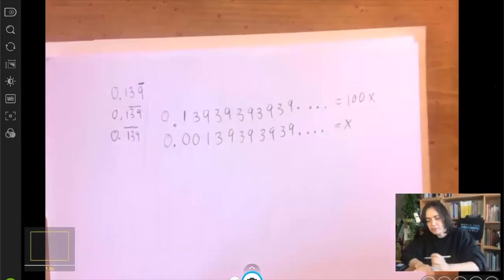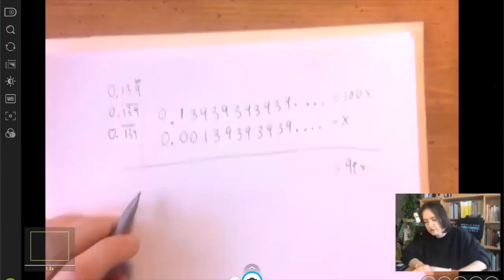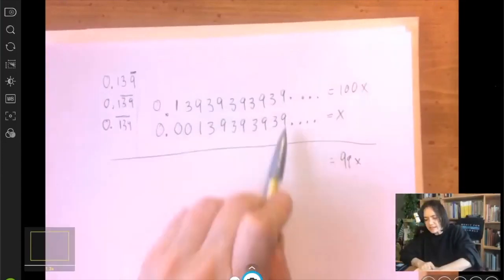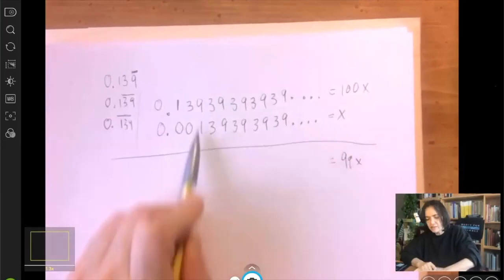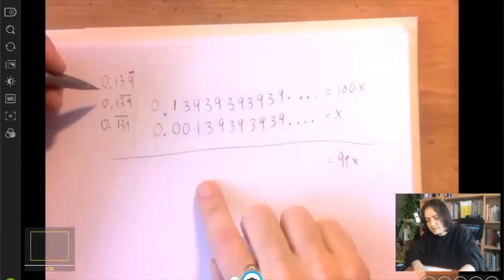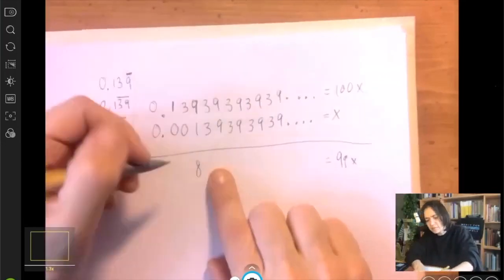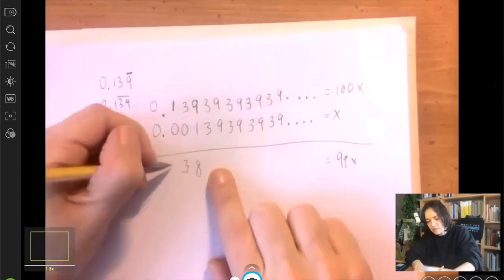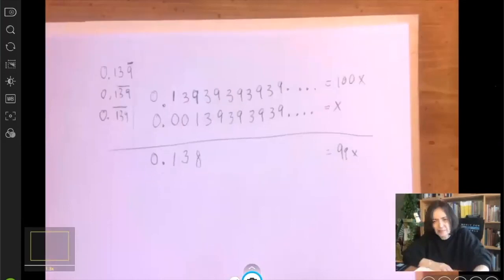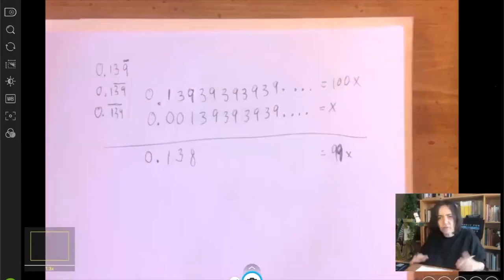So now after the subtraction, we get 99x equals, and this is why I said don't just fake it, really align it. 9 minus 9, oh, here is the first one. You see? So 9 minus 1 is 8, 3 minus 0 is 3, 1 minus 0 is 1, so we got 0.138 and 99 here. At this point, because we want 2 integers, that's an easy fix.